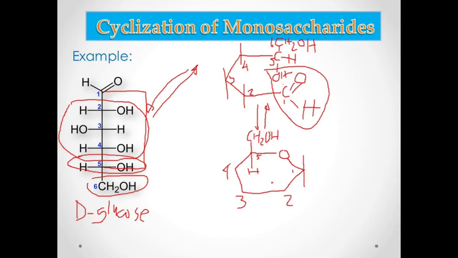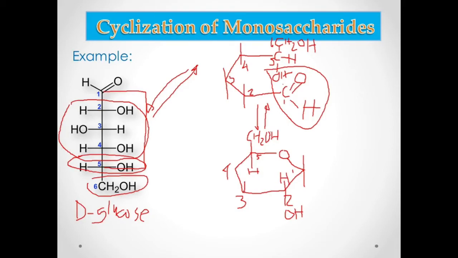While if the OH is found on the left, then it will be found at the top in the Walter-Haworth projection, or on the cyclic form of that sugar. For example, carbon number 2, your OH is found on the right, so therefore it will be found at the bottom on this cyclic, and the H will be found at the top.